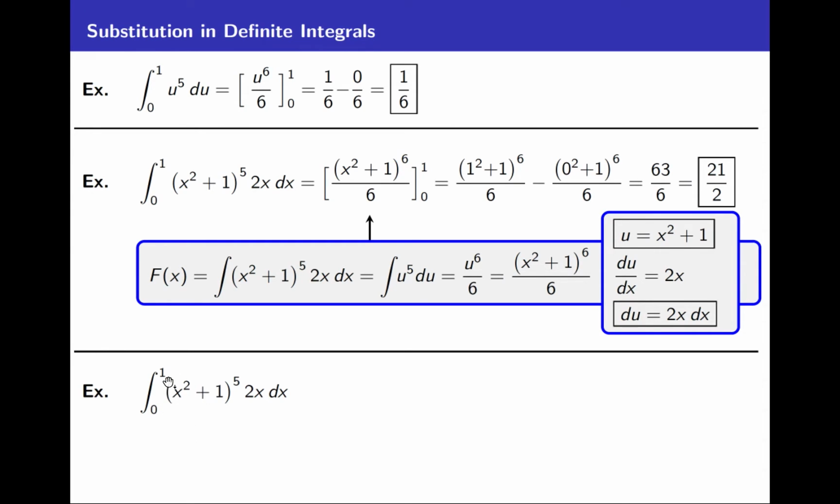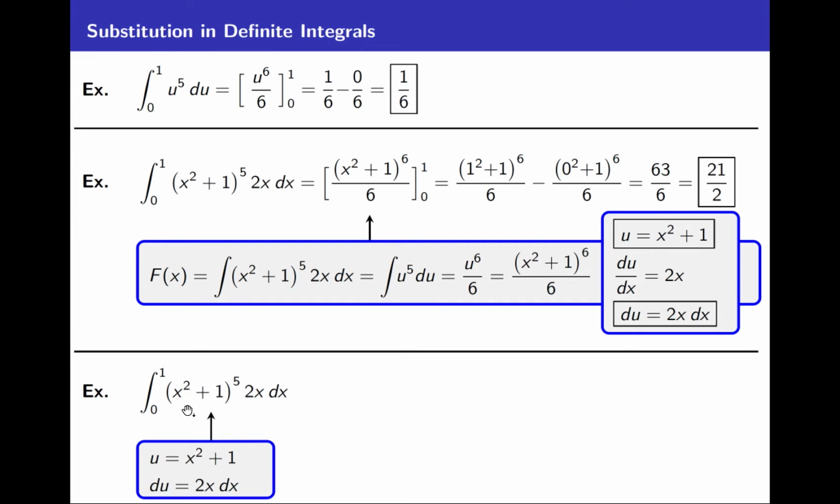If we look at this definite integral, you would say, well, we want to make that look like the integral from 0 to 1 of u to the 5th du. It almost has that exact structure.